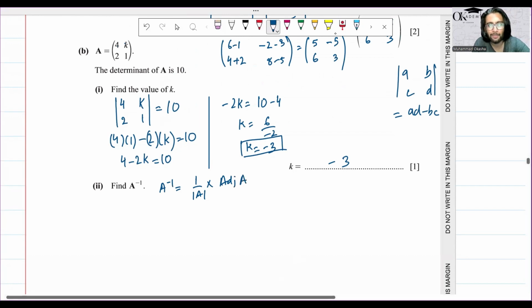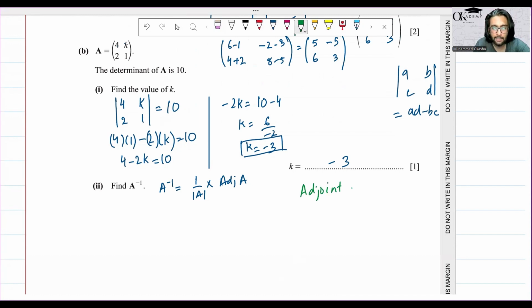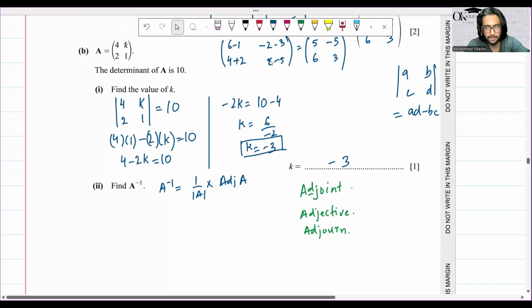This is a very common mistake. People pronounce the word adjoint with a hard D. But whenever you have D and J together, the D is silent. For example, the word adjective, people pronounce it with a hard D. And the word adjourn, this is normally used in courts, right? For example, when a judge wants to wrap up, he says adjourn, the hearing is done.